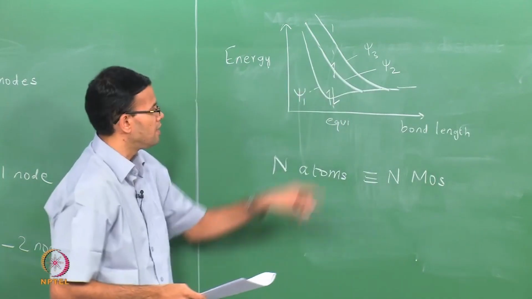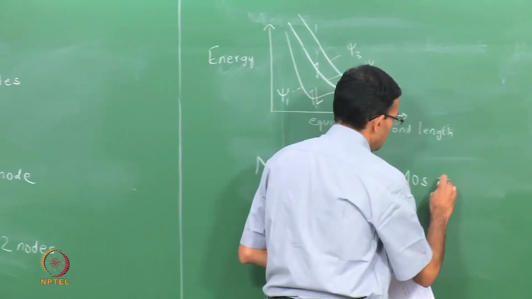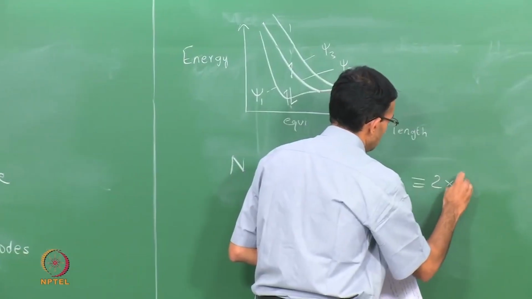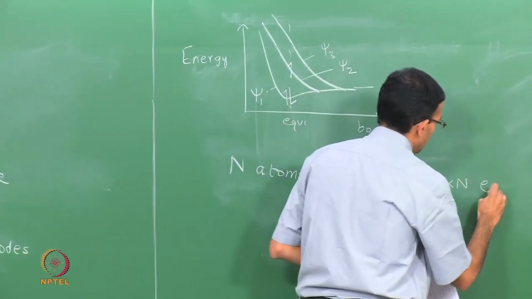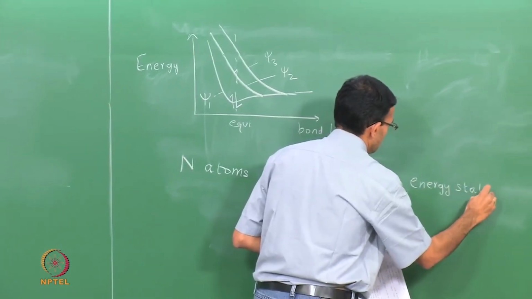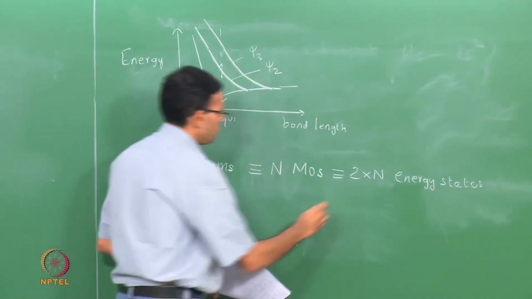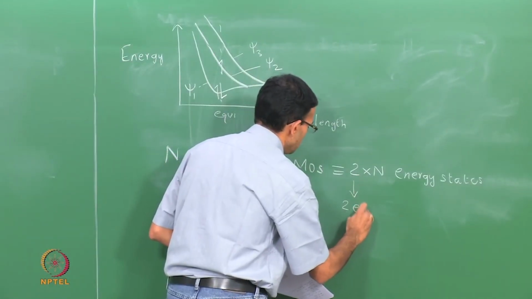Each molecular orbital can take 2 electrons of opposite spin. So, 2 times n energy states. And the number 2 comes because you can have 2 electrons of opposite spin.